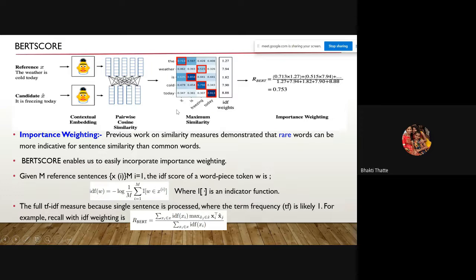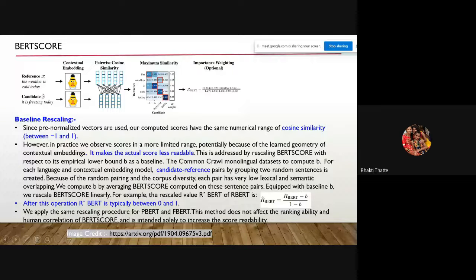Then baselining. Whatever values we get come from the cosine similarity, and the range of cosine similarity is -1 to 1. But this makes the actual score less readable because the range of the score is smaller. So here we do the baselining of all these scores. After baselining, the scores fall in the range of 0 to 1 and are much more readable.